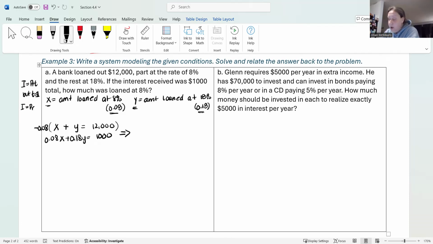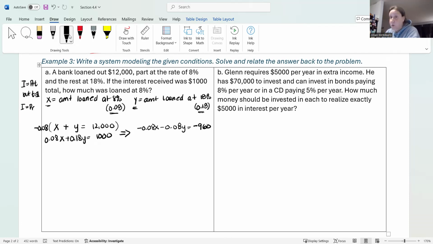Now, when I do that, the first equation becomes negative 0.08x minus 0.08y. That's where I'm just multiplying my x and my y by negative 0.08. And then 12,000, let's see, I'm going to do this on a calculator. So if you have a calculator, get it out. I have 12,000 times negative 0.08, and I get negative 960. So multiply all three terms by negative 0.08.